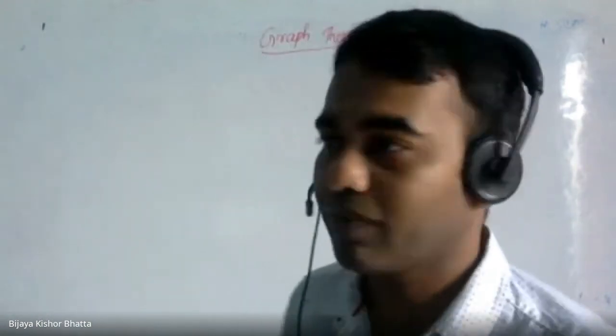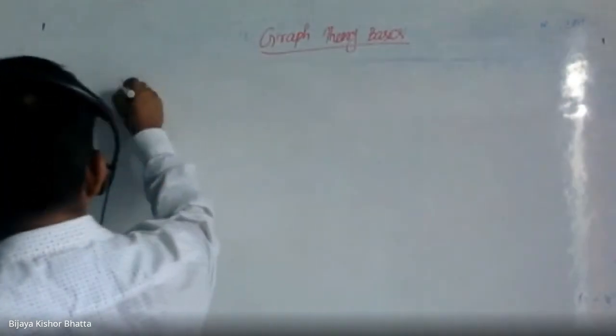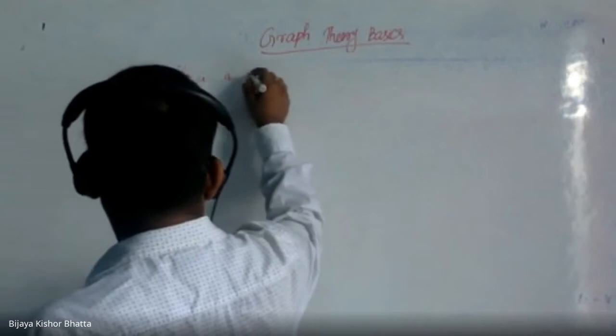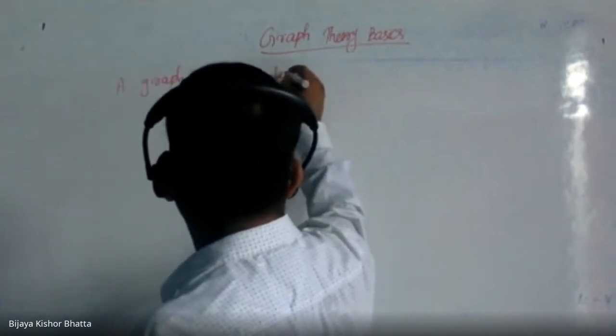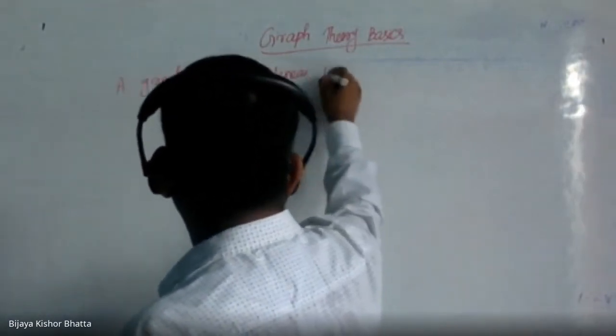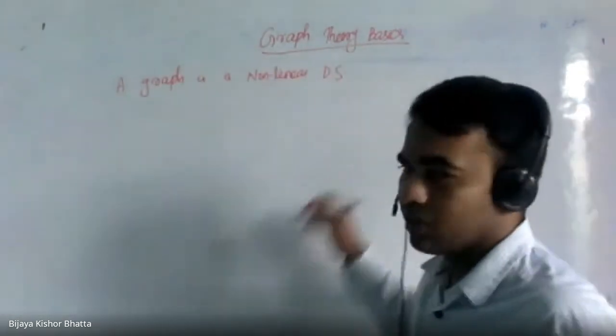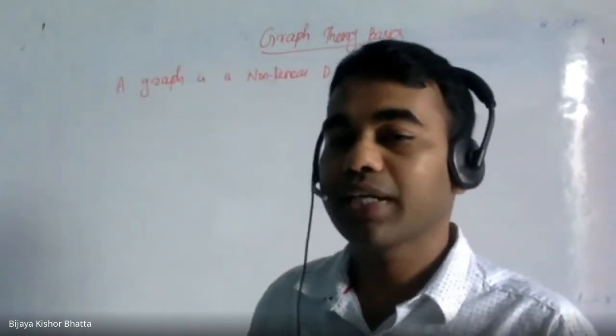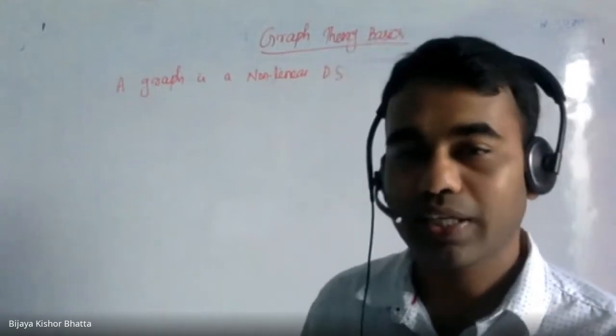So let's write down the definition. A graph is a non-linear data structure. DS means data structure. It is a non-linear data structure consisting of a finite set of vertices and a finite set of edges.